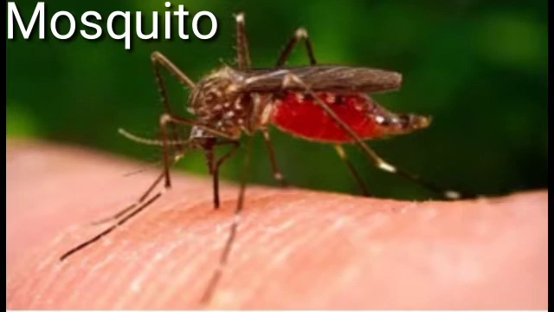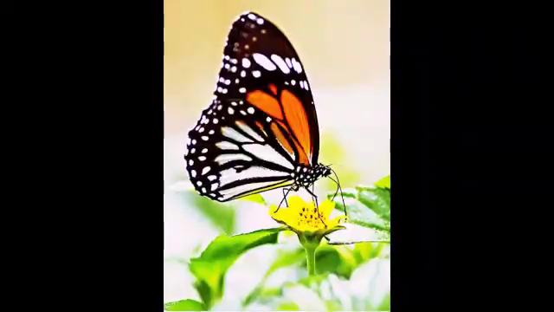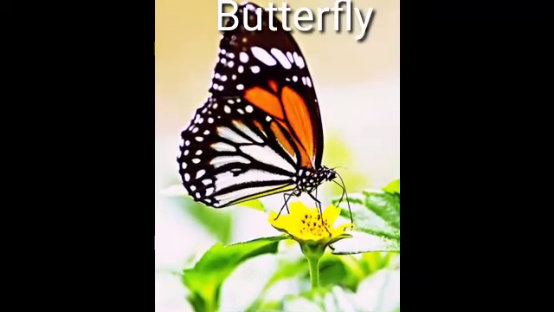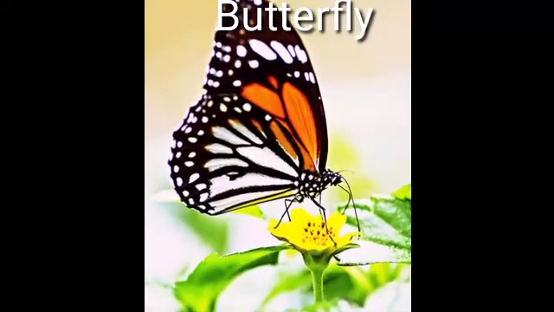Mosquitoes are small insects. They draw blood from the human skin, through tiny blood vessels called capillaries, by piercing the skin with the help of tubular mouth parts. Butterflies suck nectar from flowers.